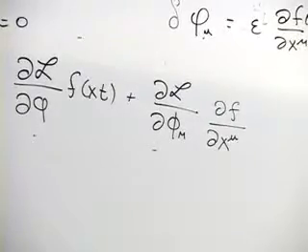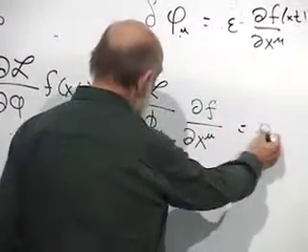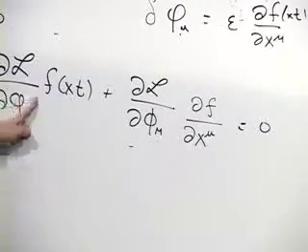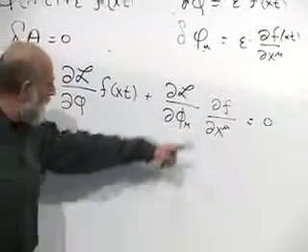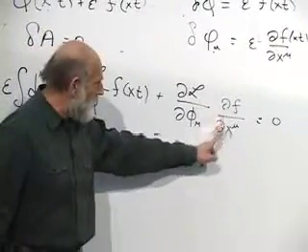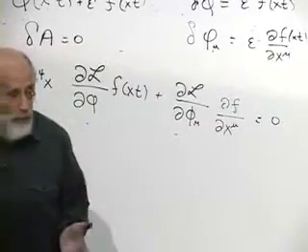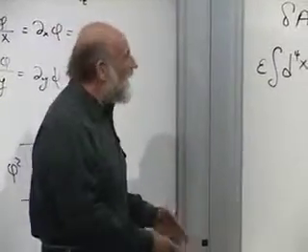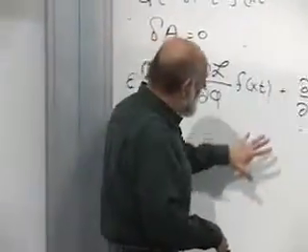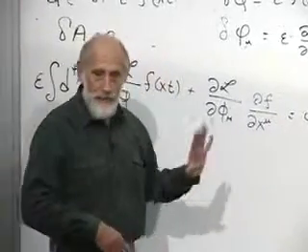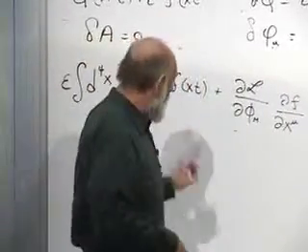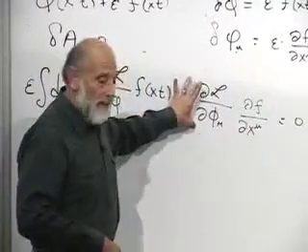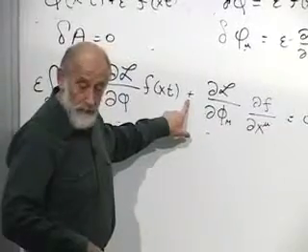What do I want to do? I want to set this equal to 0. That's the condition that the action be stationary. Now, over here I have f of x and t. Here I have the derivatives of f. What do I do to get rid of this derivative on f here? Integrate by parts. The rule for integrating by parts, I'm not going to work it out for you, but the rule for multiple dimensional integrals is exactly the same as the rule for single integrals. You're allowed to take the derivative off here and put it on here at the expense of a sign change.